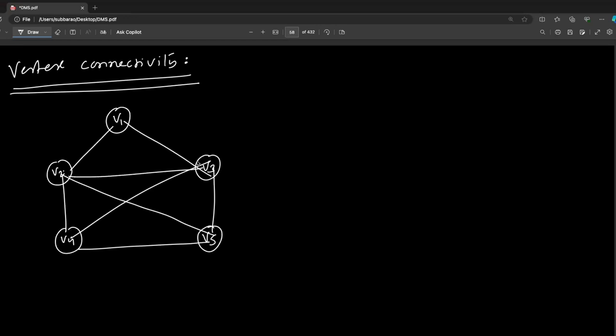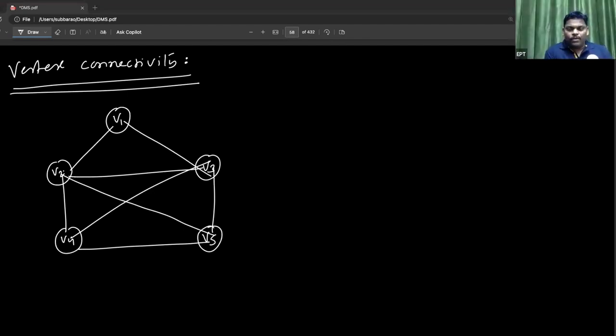Everyone observe vertex connectivity. Is there any articulation point here? Remember, vertex means vertex. Is there any vertex which is the articulation point?